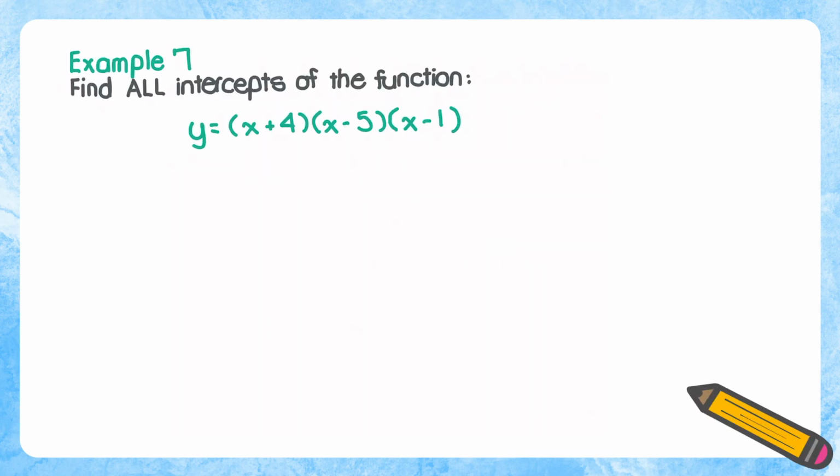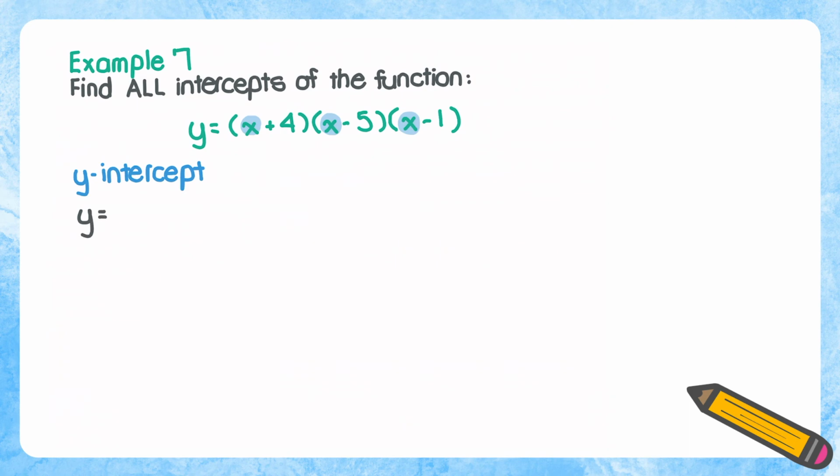For some examples, the function might already be factored for you, like this example. We have y equals x plus 4 times x minus 5 times x minus 1. So let's find the y-intercept first by setting x equal to 0. Make sure you're replacing each x with a 0.